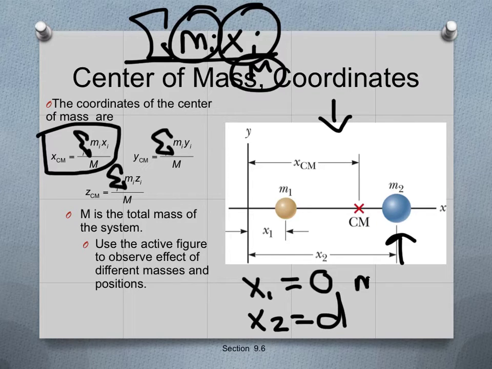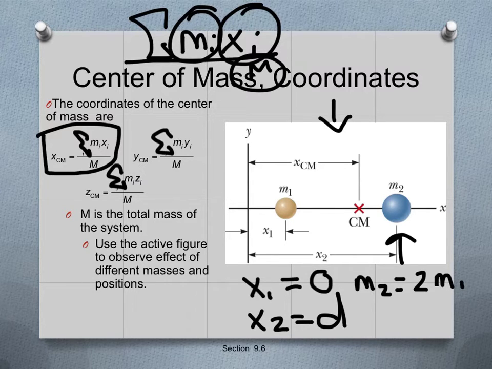And let's say that m2 is equal to 2 times the mass of m1. Now, if we wanted to find the center of mass for this, then we can think about all of this happening in the x direction. So let's use our center of mass for the x direction.